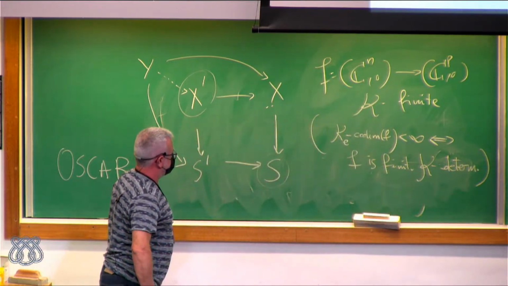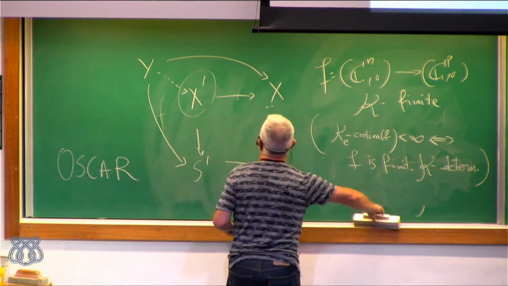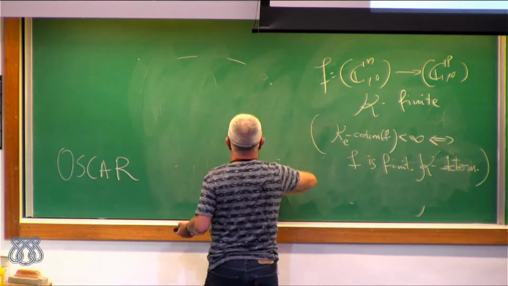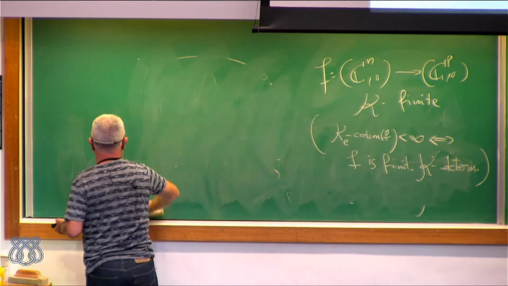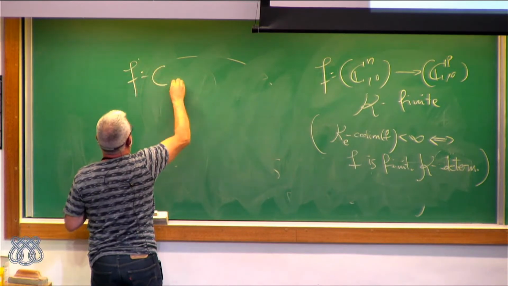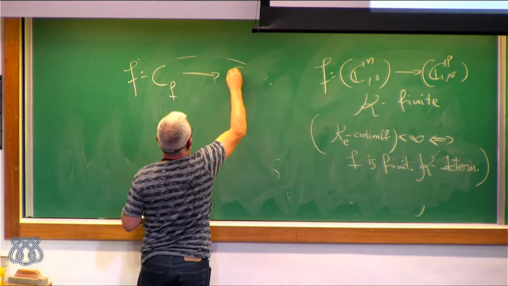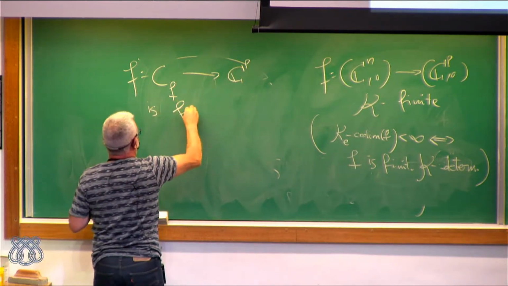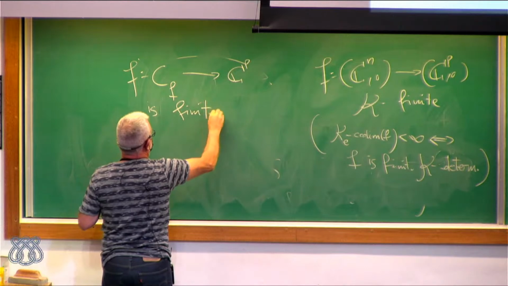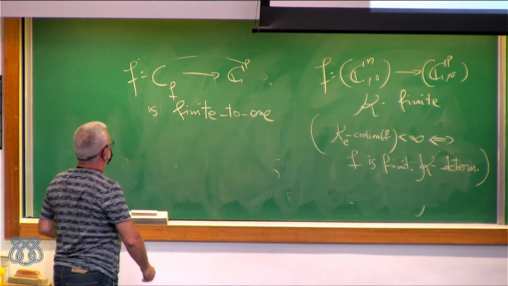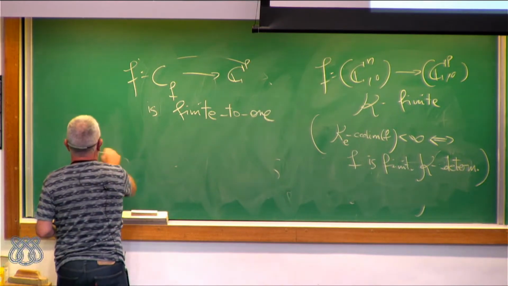So the geometric criterion says that this F is finite-to-one on the critical set. But then we can use Remmert's theorem.